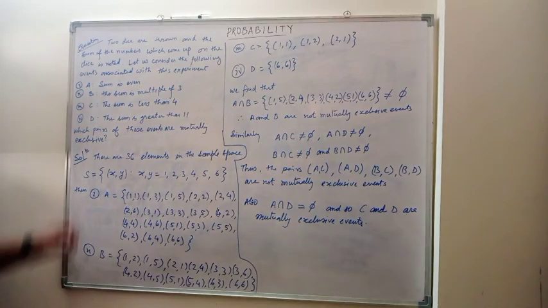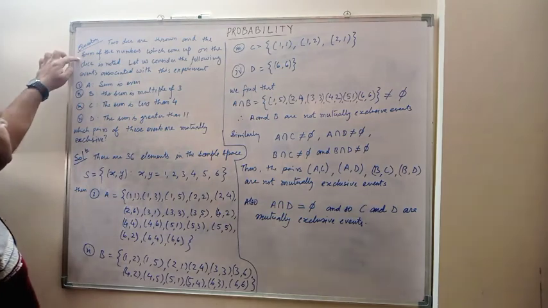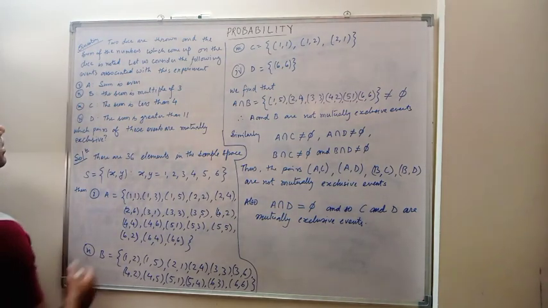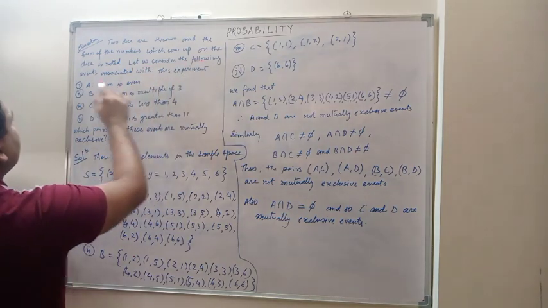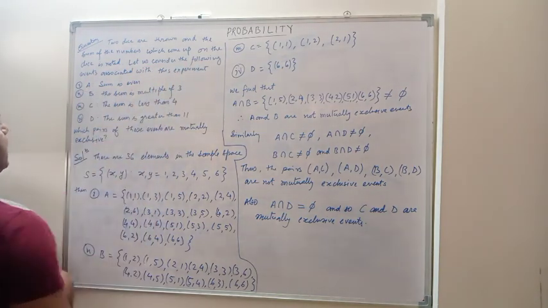Now the question is, two dice are thrown and the sum of the numbers which come up on the dice is noted. Let us consider the following events associated with this experiment.